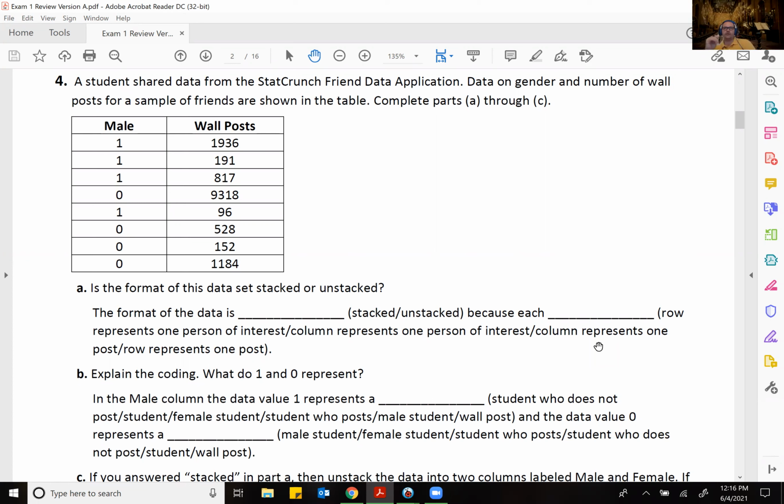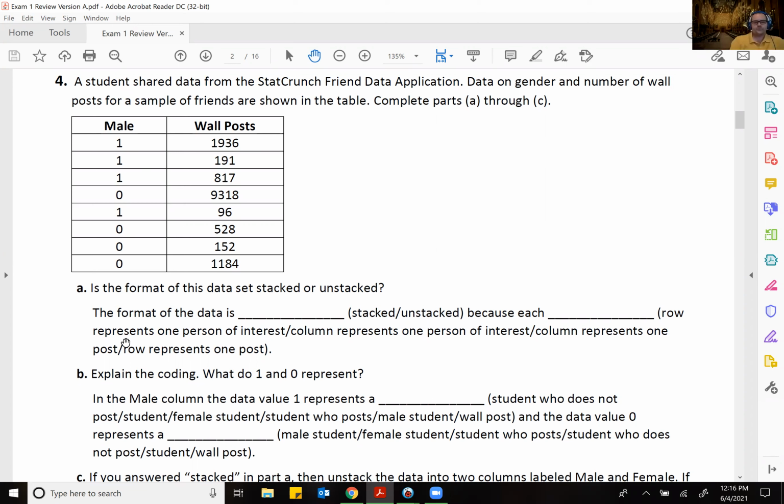That's right. If we unstack this, we would have one column that dealt with males and their wall posts, and one column that dealt with females and their wall posts. Within this data, we have 2 sets of data that we're really looking at, males and females. So stacked data combines it all into one, but unstacked data separates them into their groups, like males and females.